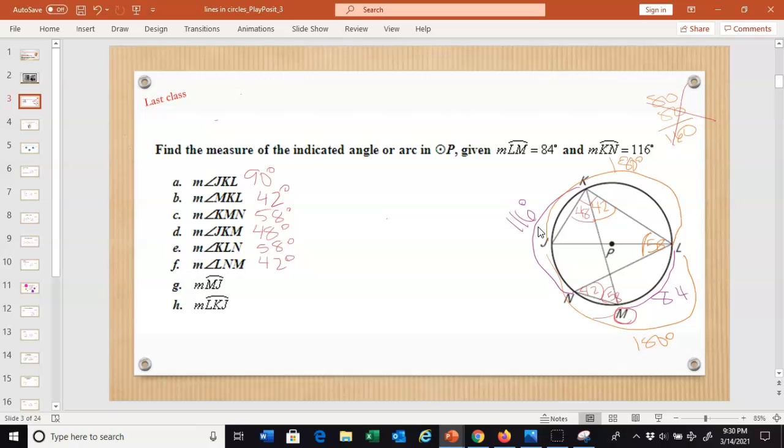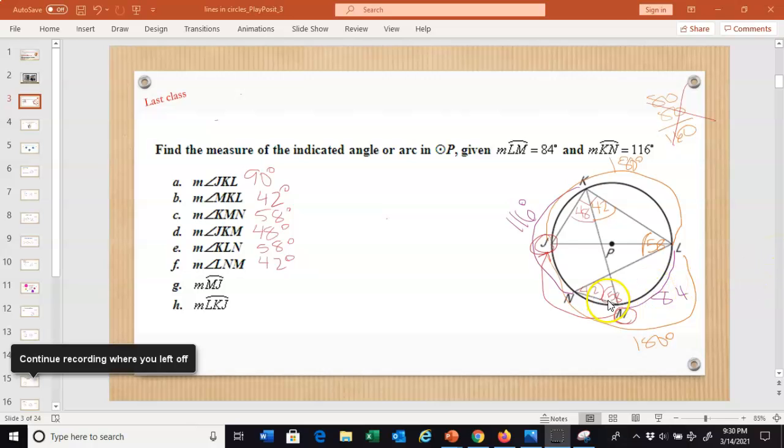M to J. Sure enough, MJ covers this arc, which follows this angle, angle K. So if that angle is 48, then we know the arc across from it, JM, is going to be double 48. So double 48 is, what is that? 48 times 2, 96. Awesome. So this arc is 96.